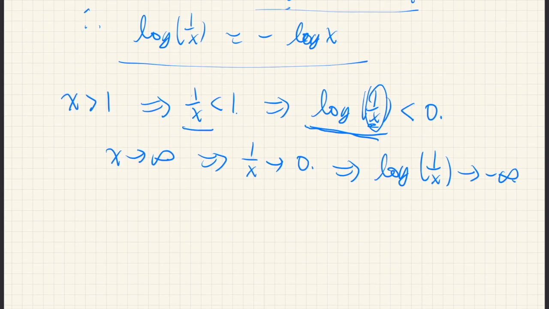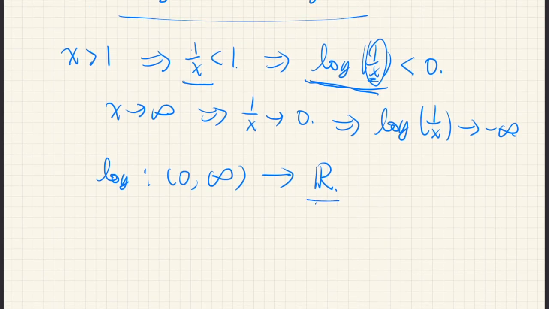Okay, so that means this function, log of x, from 0 to infinity to the real numbers, is a surjective function. For any real number, there is some x such that log of x is that real number.